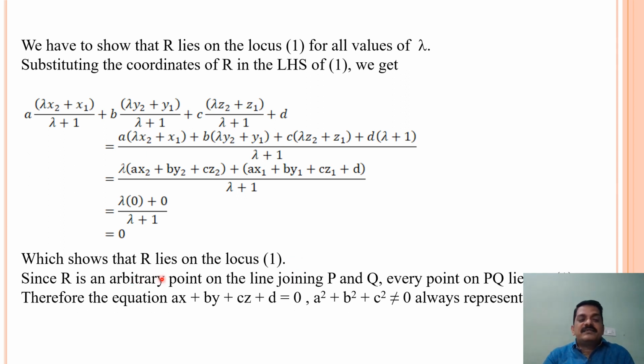Here R is an arbitrary point on the line joining P and Q. So we have every point on PQ lies on ax plus by plus cz plus d is equal to 0. Therefore, the equation ax plus by plus cz plus d is equal to 0 always represents a plane.